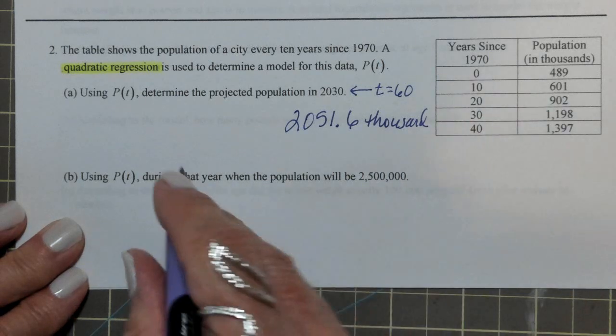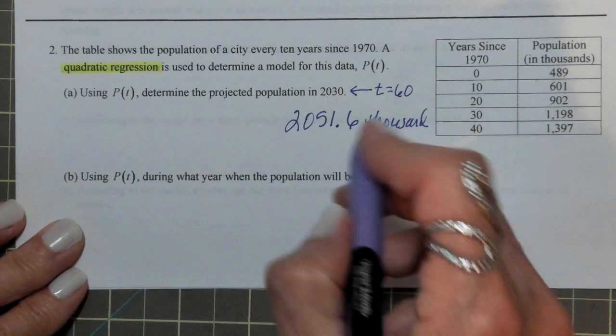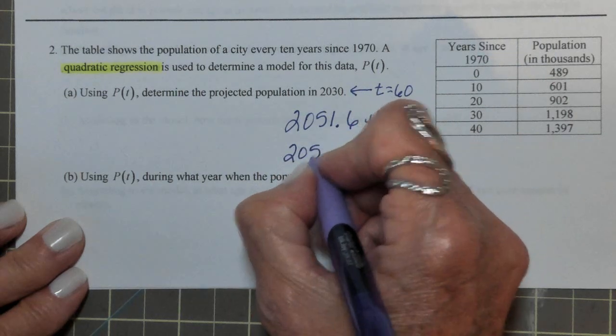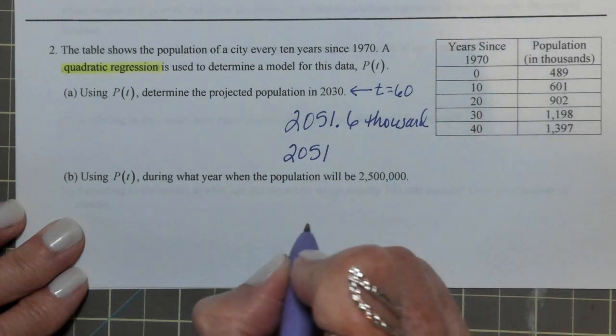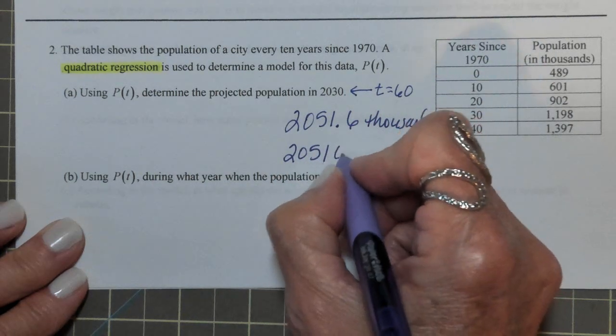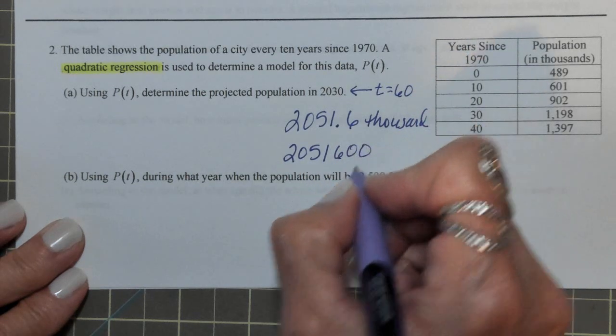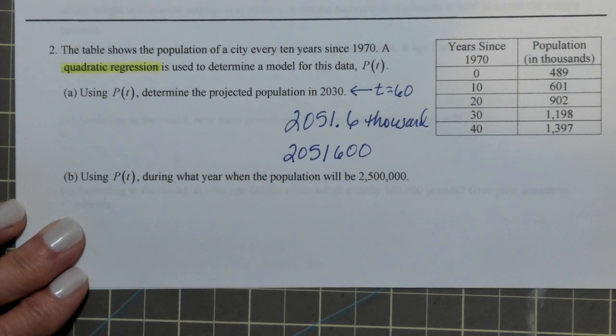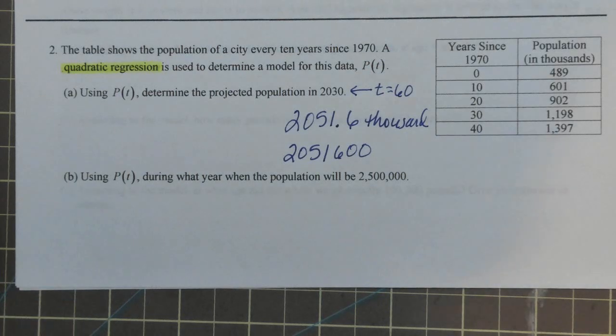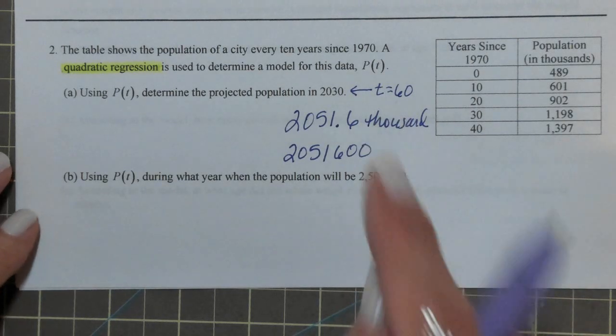If I wanted to write it as a single number, that would probably be the multiple choice answer. I would multiply this by 1,000, and it would be that. So that would be the population in the year 2030.